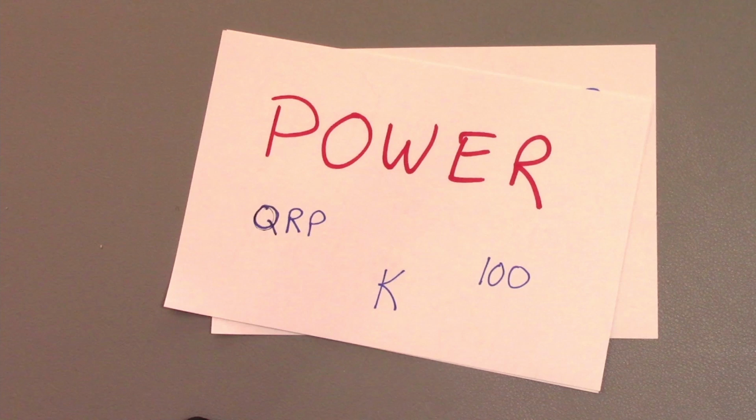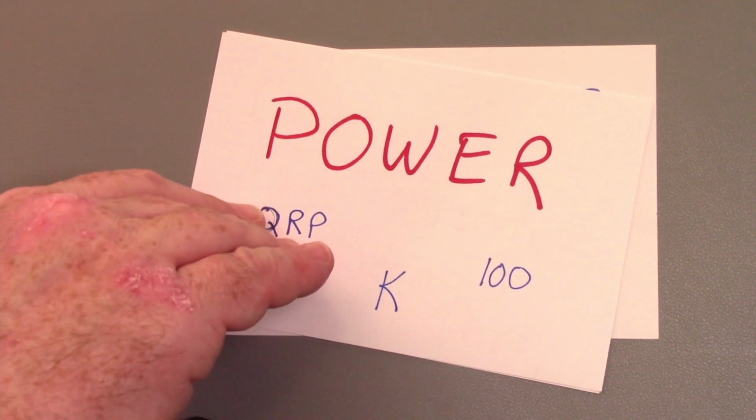If you're running a kilowatt, because that's how high your amp goes, you'd be 59K, and a lot of those are mostly used in contests. When you're having general rag chew QSOs, people will just say, hey, I'm on 5 watts, or I'm running a kilowatt off of my amplifier. So when you hear the real specific ones, they're generally just used in contests.